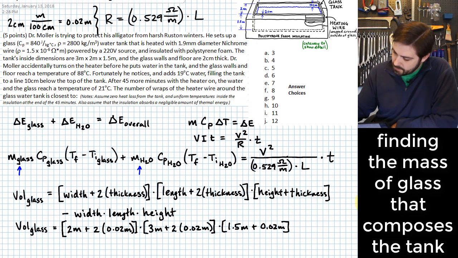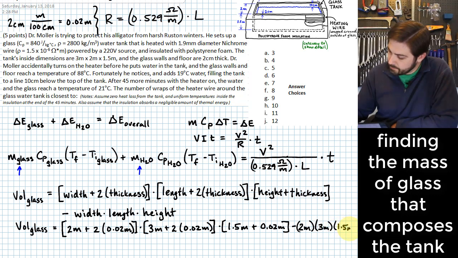Okay, and then from this we will subtract the inside dimensions. So minus 2 meters times 3 meters times 1.5 meters.